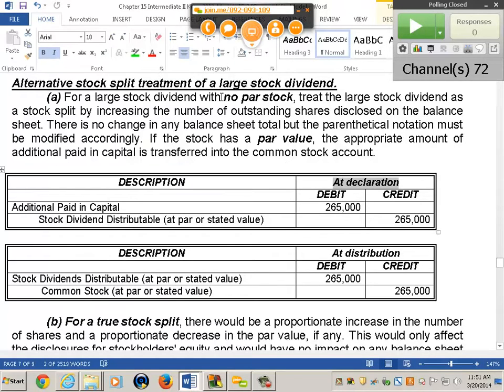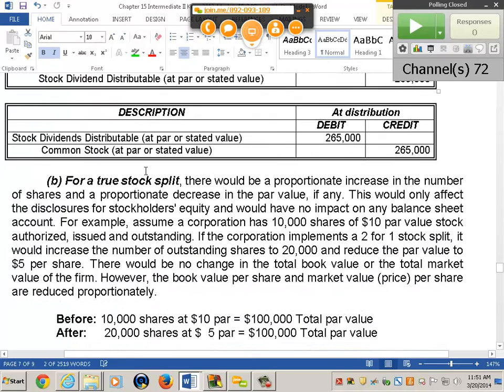And finally, just to make sure we're clear, on a stock split, very simple, nothing happens to the dollar amounts. No changes except for the disclosures. So that you get a new authorization. So if, just for example, on page 7, before the split, you got 10,000 shares of $10 par value.